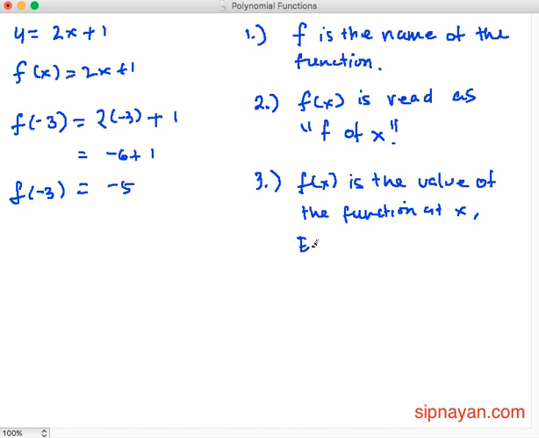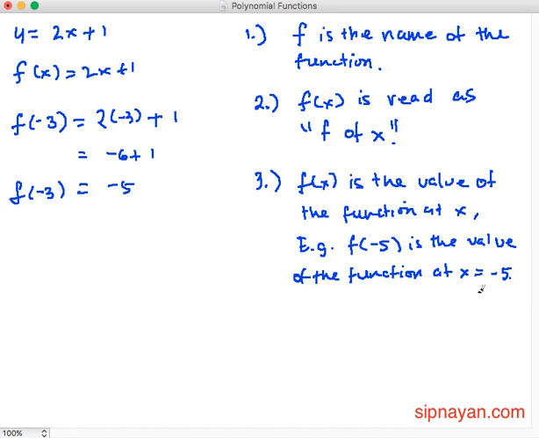So, ang example nito, f of negative 5 is the value of the function or of f, which is our function at x equals negative 5.